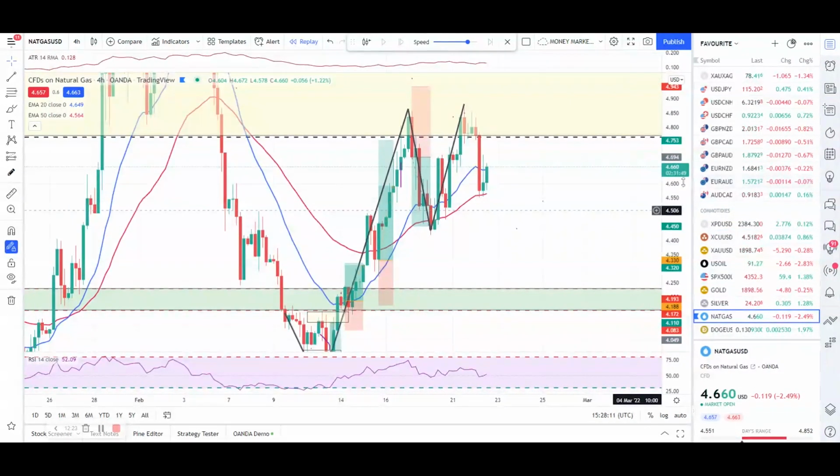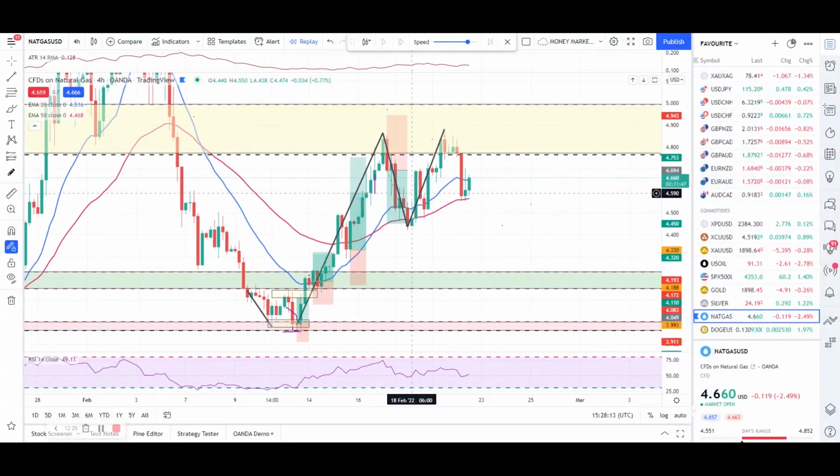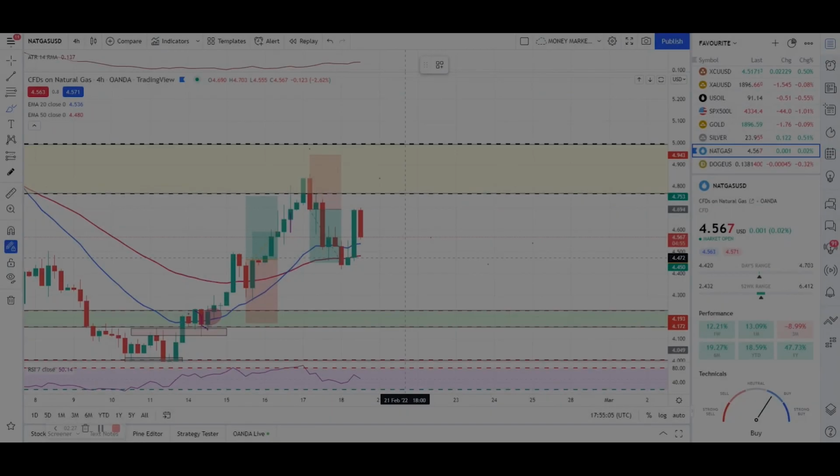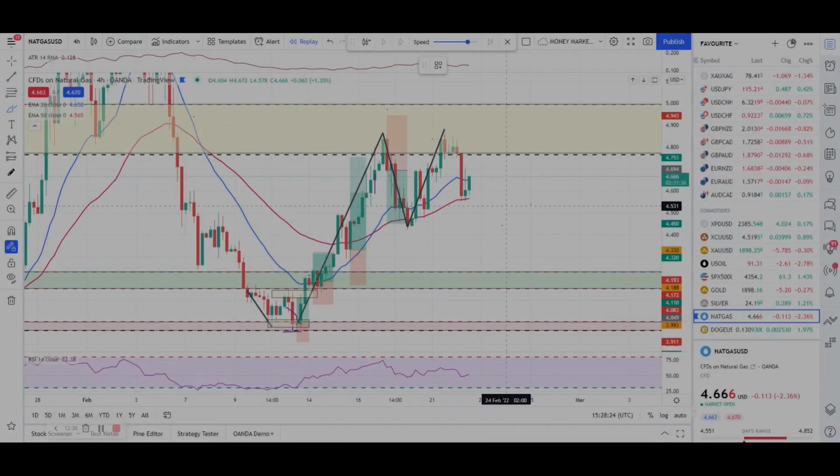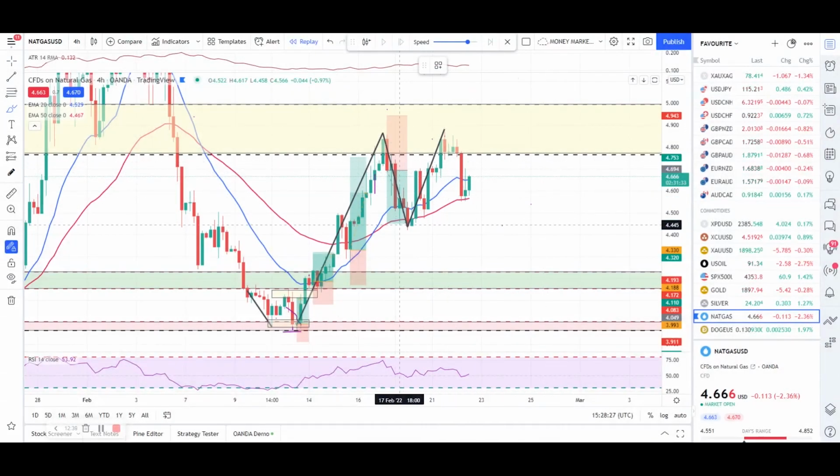As you can see, the market has formed a nice double top move. Let me show you what I said in my previous video. I said that I'm still expecting a move up that forms a double top. Awesome. As expected, the market gave us the exact move, and we got a nice bearish pressure with this candle right here.